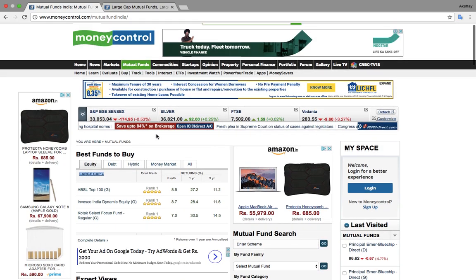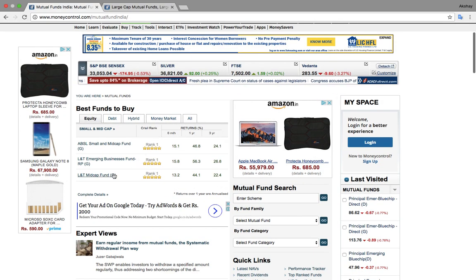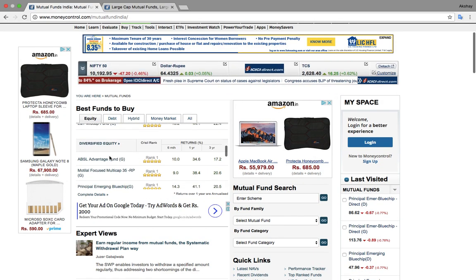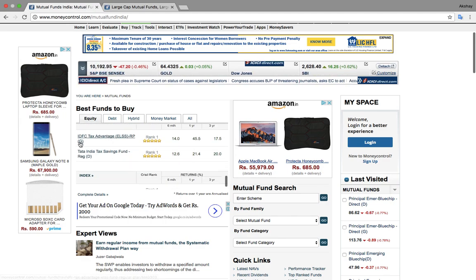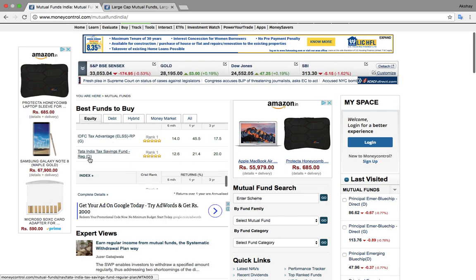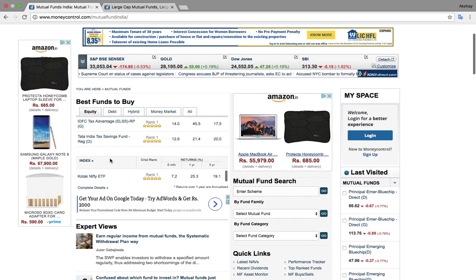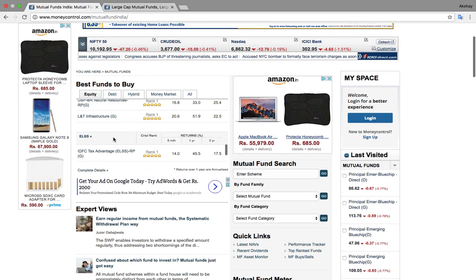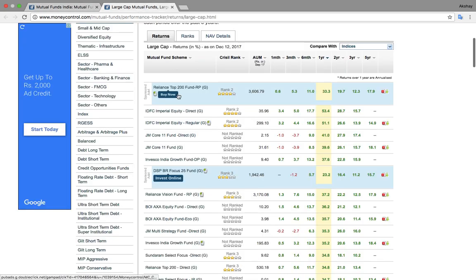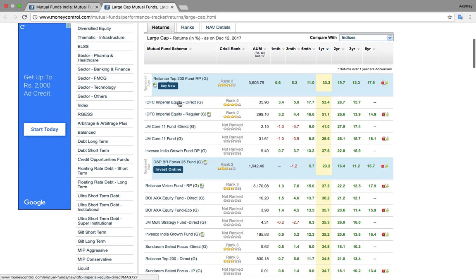Similar to that, see, there are some options like, see, G means growth, D means dividend. There is dividend reinvestment option. I can't see it right now, but these options are available. Then how to study any mutual fund? I'll click on this.